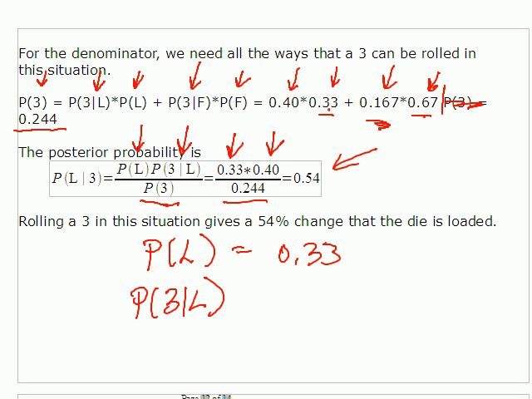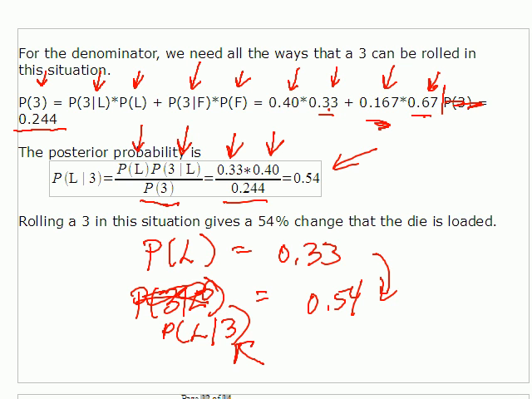So that extra information, the data of rolling the 3, changed my idea of it being loaded. I'm sorry, the probability that it's loaded, given that you rolled a 3, that's what I was interested in, is 0.54. You see, this is the extra data, and Bayes' rule allows you to incorporate that extra data to update your probability.